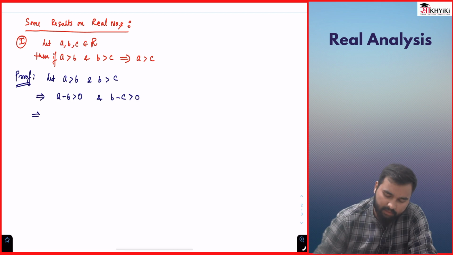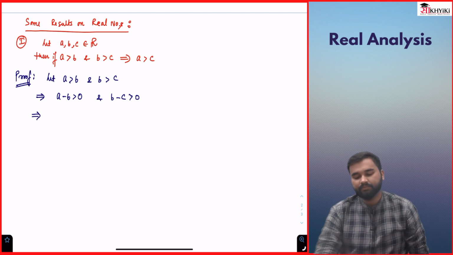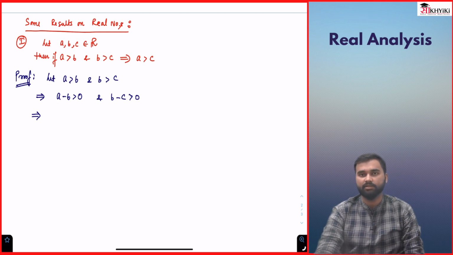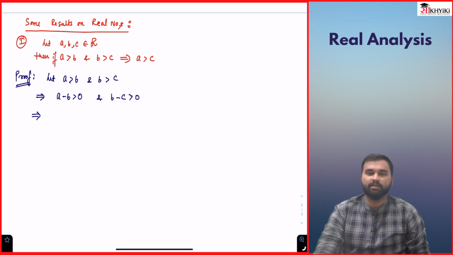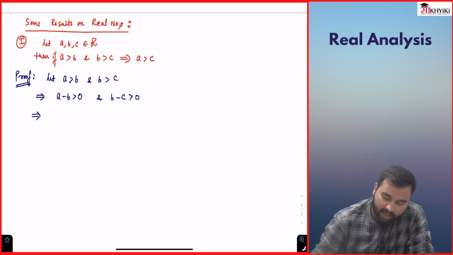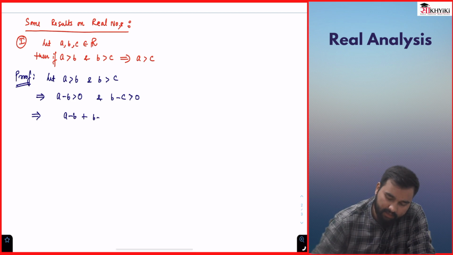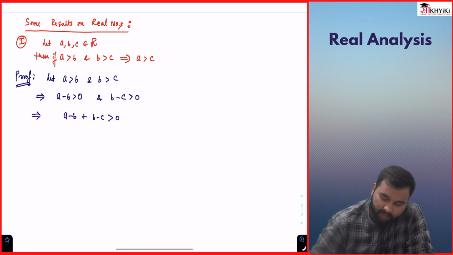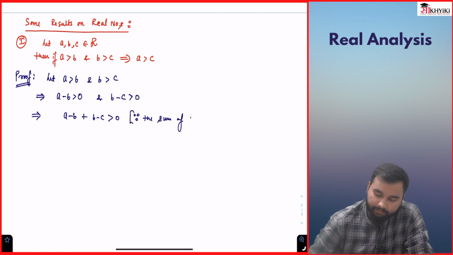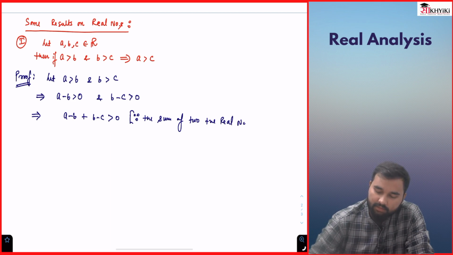Which implies what? As we discussed earlier, the first property of positive real numbers is that the sum of two positive real numbers must be a positive real number. So by adding them, a minus b plus b minus c must be greater than 0. And what is the reason? The sum property: the sum of two positive real numbers is a positive real number.